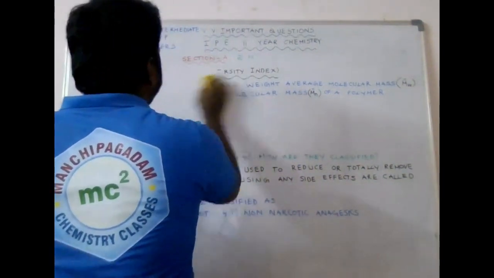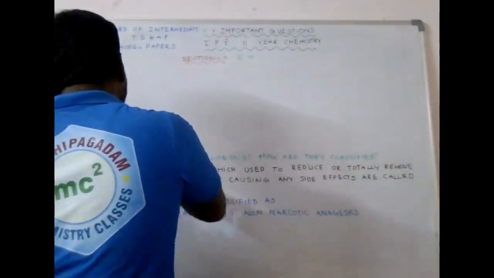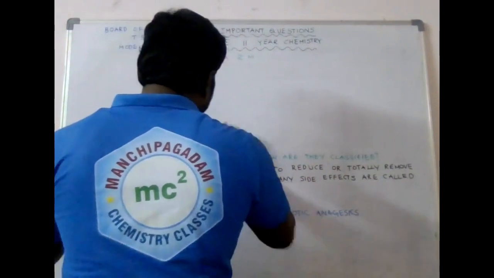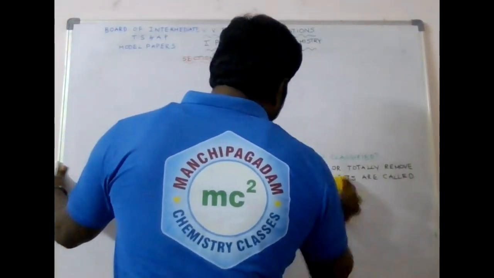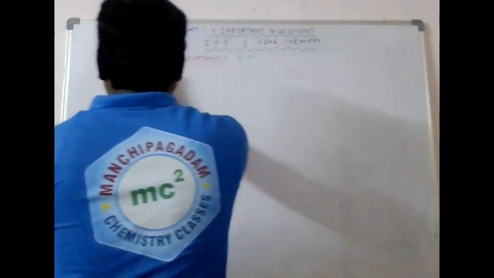Whenever you get 2 marks from chemistry in everyday life, obviously 1 more also will come for 2 marks only. Why? Because that chapter carries 4 marks, one 4-mark question or two 2-mark questions, right?